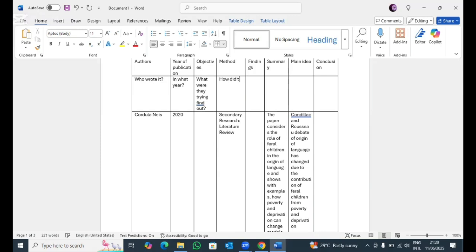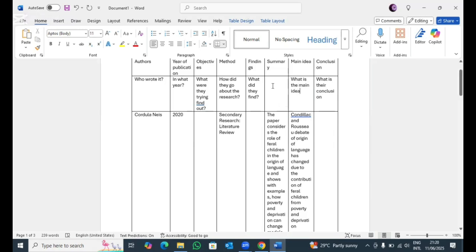How did they go about the research? What did they find? Then just have what is their conclusion. What is the main idea?